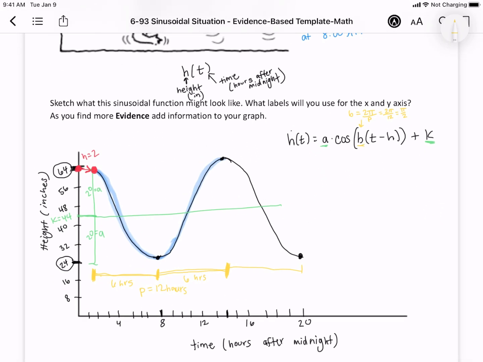And so everything that we need, I'm trying to color code a little bit, is on that graph. And pause if you want to figure that out, but also pause to try to put it together into the equation. So look at the information, add it to the equation before I do.